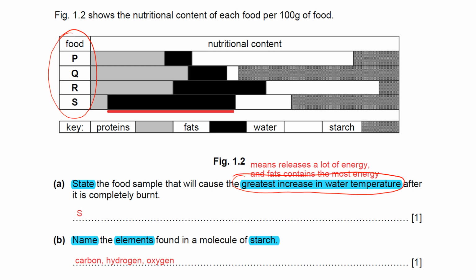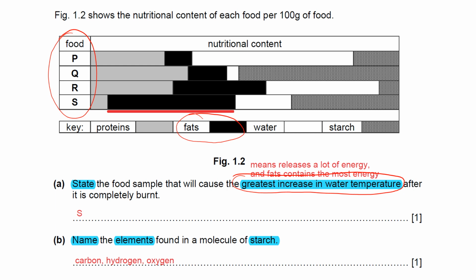Alright, so this is the energy question. The energy is of course locked in the nutrients in the food. Energy is found in carbohydrates, energy is found in fats, and energy is found in proteins. Fats has the highest energy in theory because fats is a rich source of energy, and fats is a long-term storage of energy.